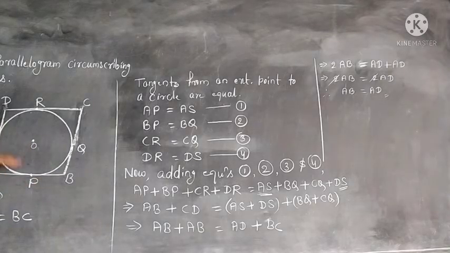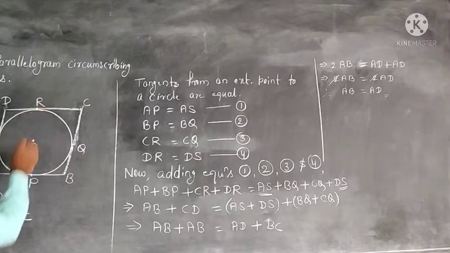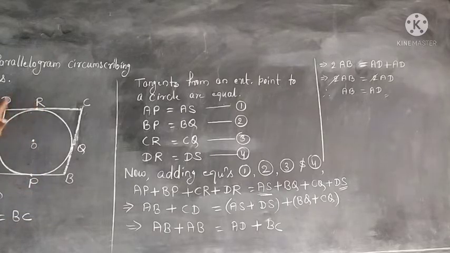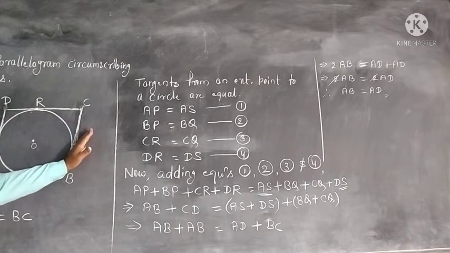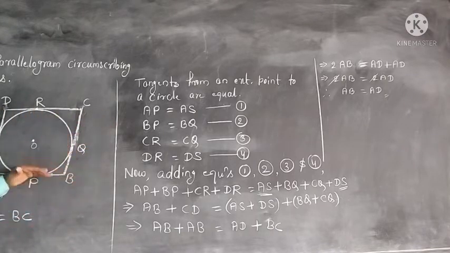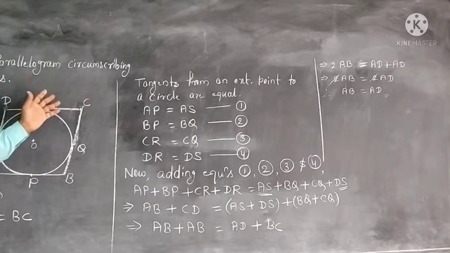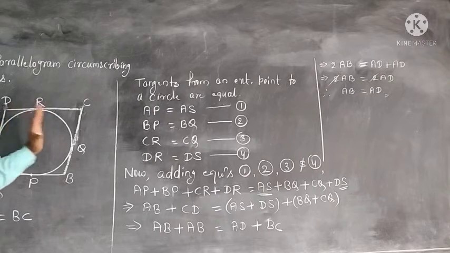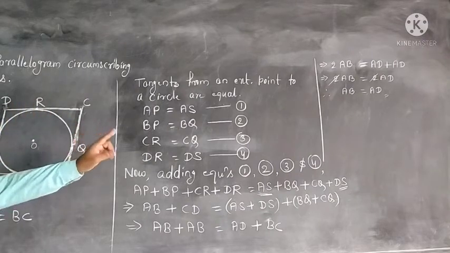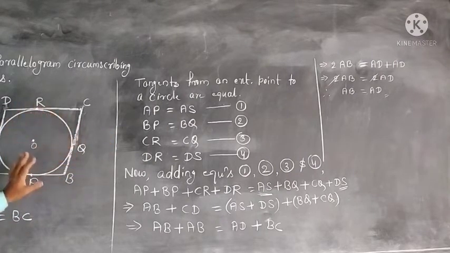Alright, that means these two adjacent sides are equal. And the figure is what? Figure is a parallelogram. These two are already equal. That means these three sides we are getting equal, and then again these two sides are equal. So, after reaching this step, AB is equal to AD, and when AB and DC are already equal, AD and BC are equal, we can say that all four sides are equal.